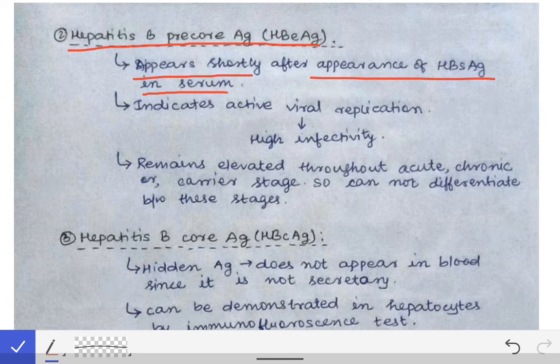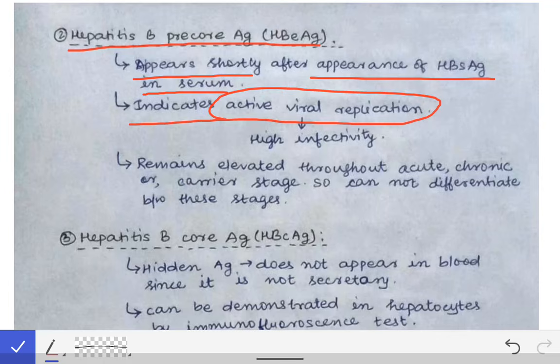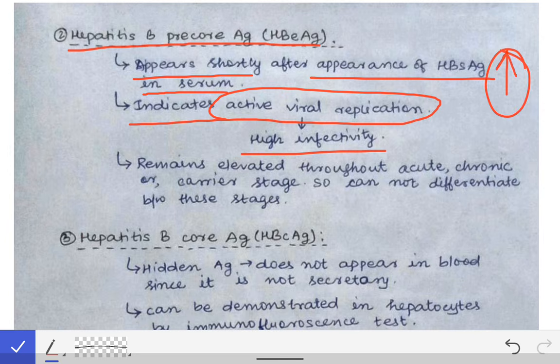And what does it indicate? It indicates active viral replication and a high level of HBs antigen. A high level of HBs antigen indicates high infectivity.